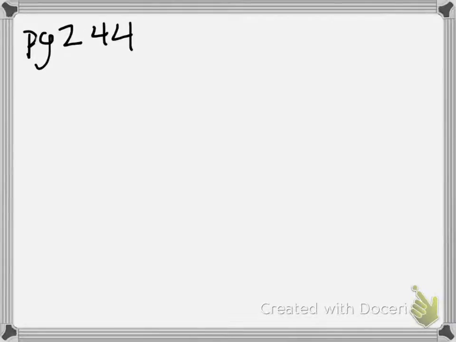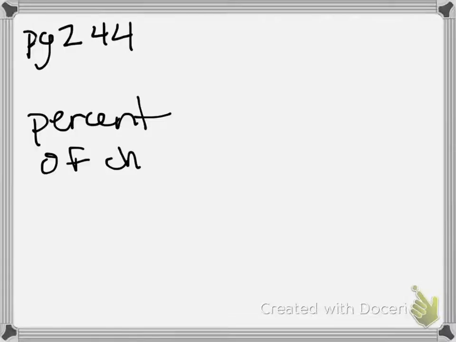Alright, let's take a look at page 244 in your math book. This lesson is called percent of change. Okay, so in your notes, let's write this: percent of change. Percent of change is a pretty simple concept.